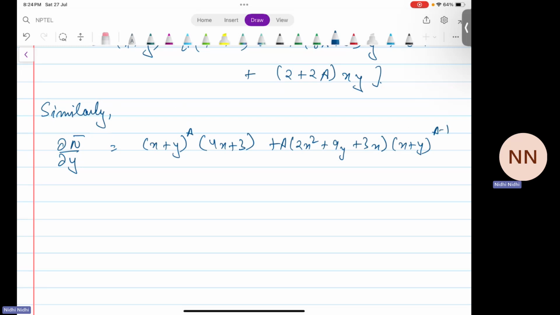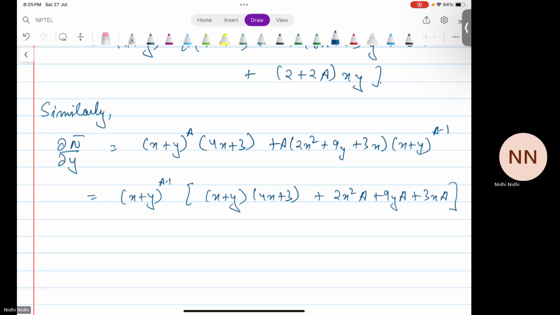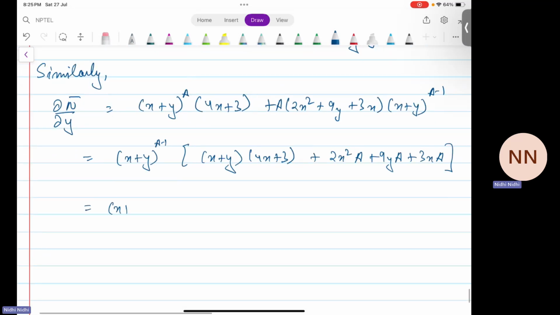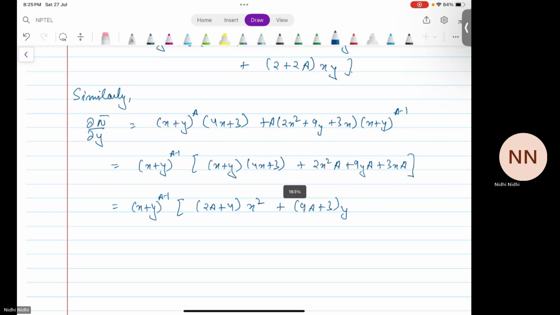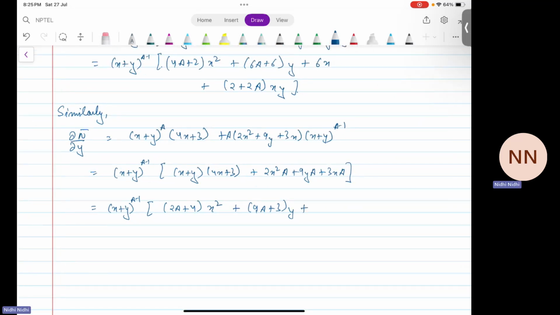Taking (x plus y) to the power a minus 1 common, we get (x plus y)(4x plus 3) plus 2x square a plus 9y a plus 3x a, which is equal to (x plus y) to the power a minus 1 times [(2a plus 4) x square plus (9a plus 3) y plus (3a plus 3) x plus 4xy].